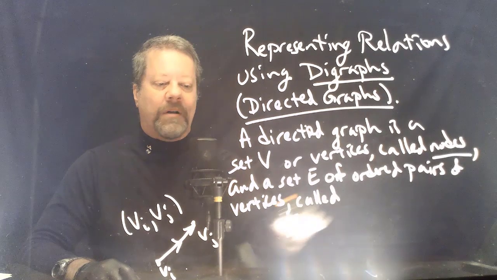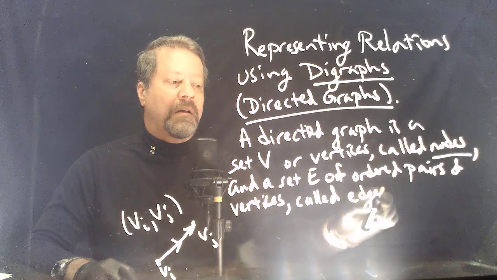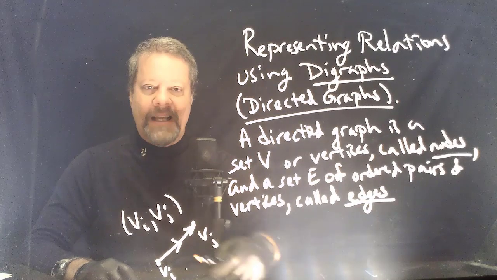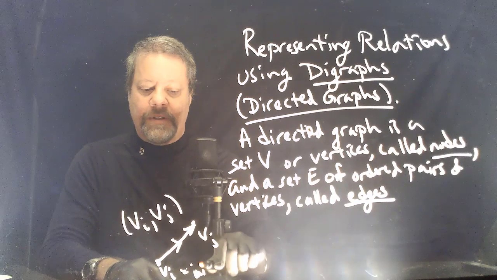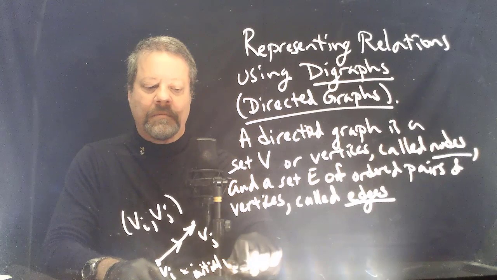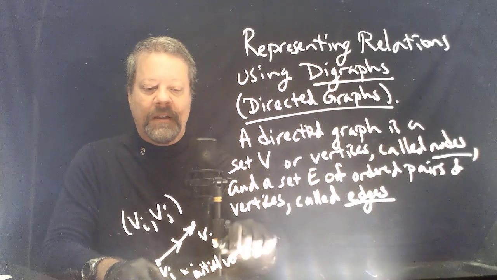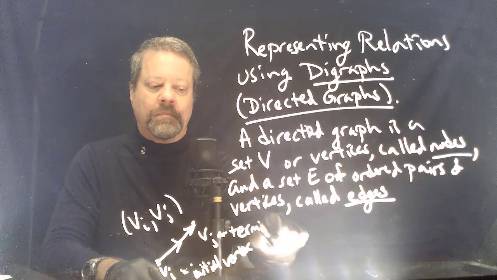And we're going to call these ordered pairs edges. So we're going to have nodes and edges, directed edges in this case. In this case, this is going to be the initial vertex, or the initial node, and this will be the terminal node.